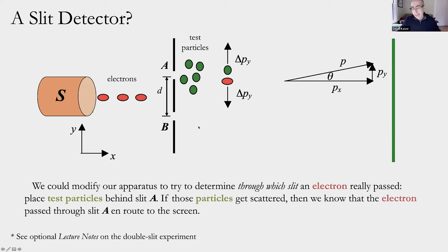And if no test particles are scattered, then we know the electron must have gone through the other slit. So we're going to bunch together, in a kind of close space, some targets behind only one of the two open slits. And that way we have what's called a slit detector.